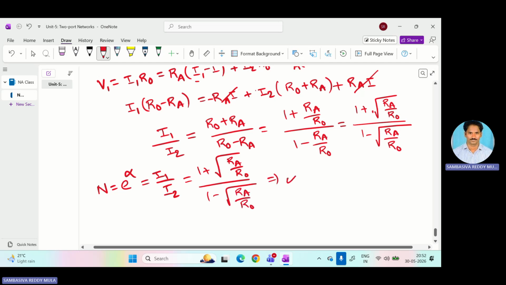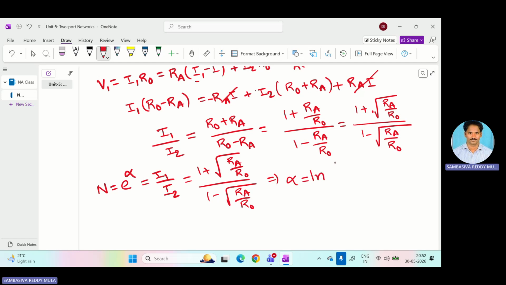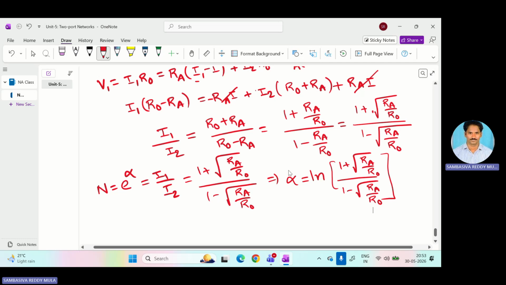Finally, we can write alpha as ln, taking the logarithm on both sides. We get ln of 1 plus square root of RA by R0 divided by 1 minus square root of RA by R0.